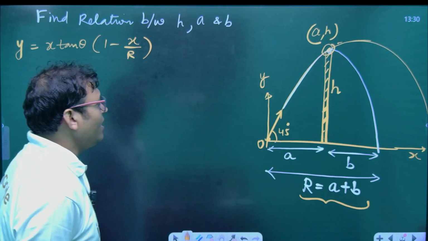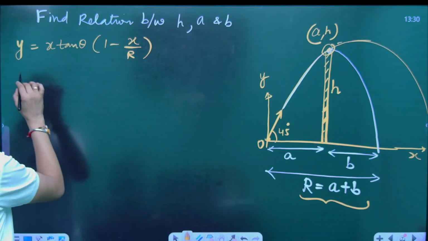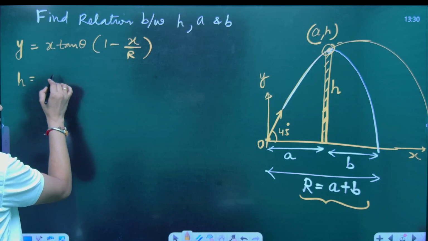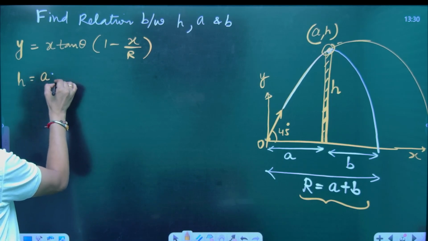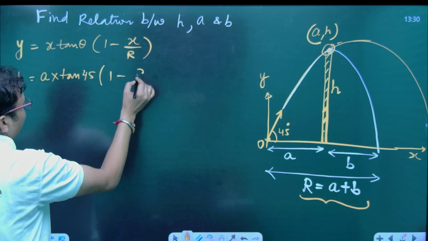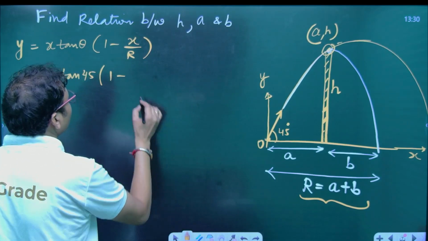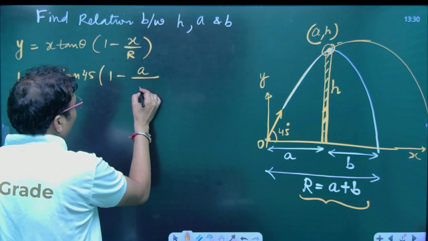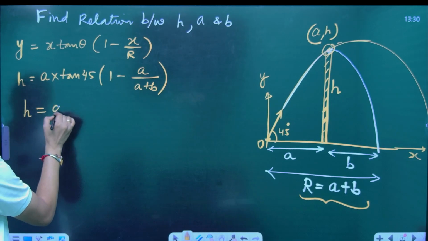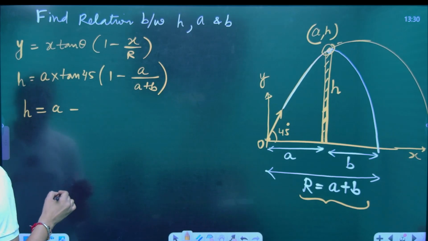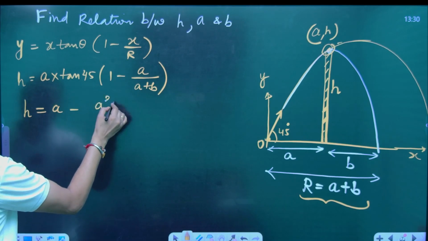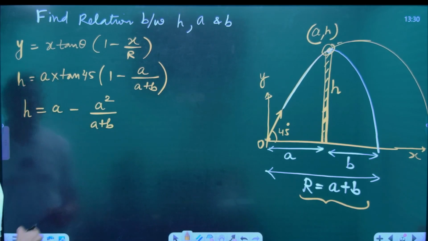So X is equal to A and Y is equal to H. So H is equal to A tan 45 (1 minus A upon A plus B). So H is equal to A minus A square upon A plus B. This is the relation.